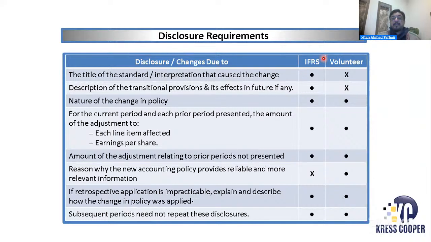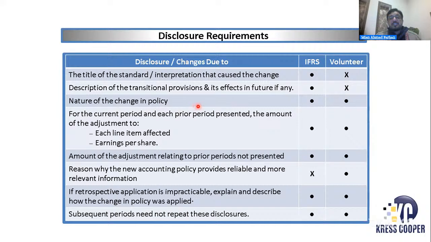So if the case is a change in IFRS, the title of the standard, the new standard, or IFRIC, okay, that caused the change should be disclosed. Obviously, it is not required in the voluntary changes. Then description of that transitional provision, again, it is required if the change is being made based on the new standard, and this transitional provision does not exist when we voluntarily make such change.